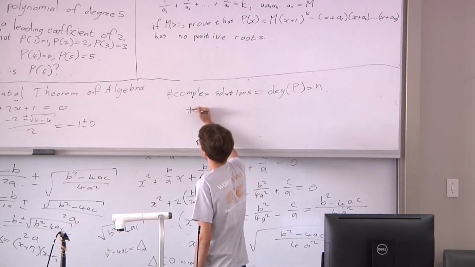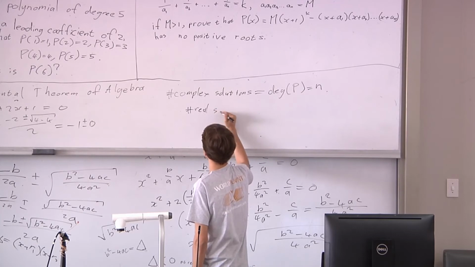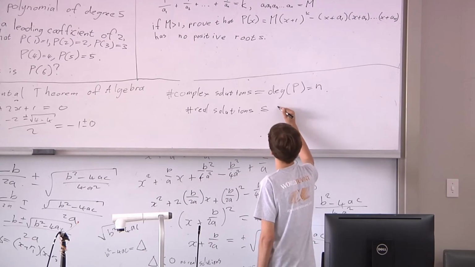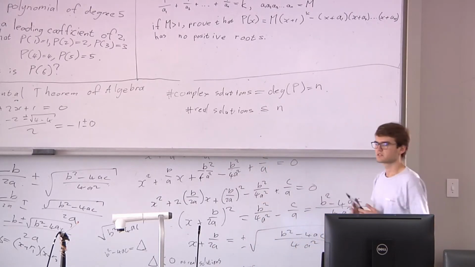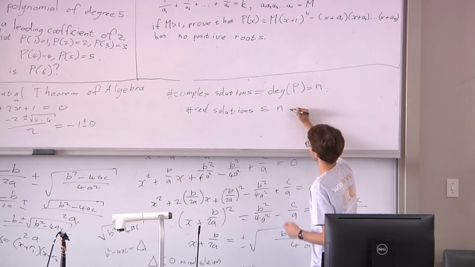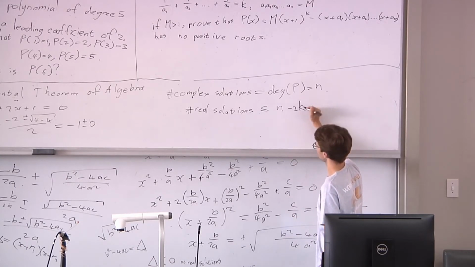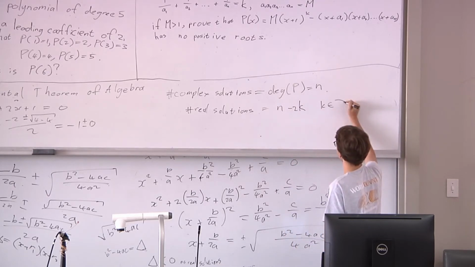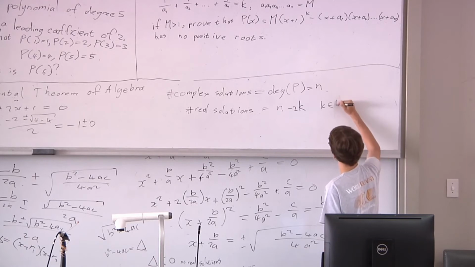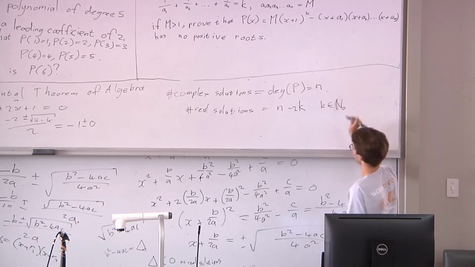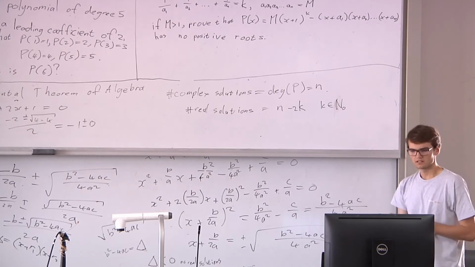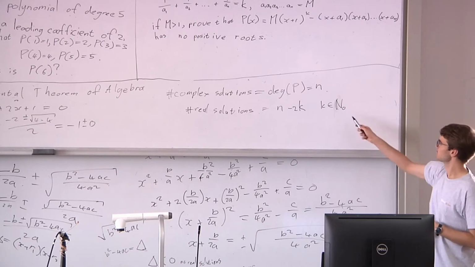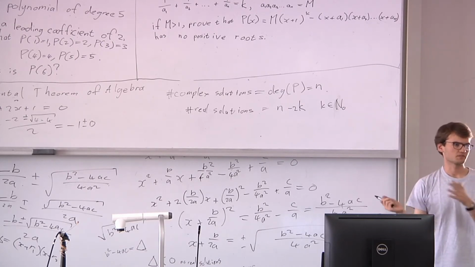The number of real solutions is less than or equal to n. And specifically, it's n minus 2 times k, where k is some natural number, or counting number rather. That's some counting number: 0, 1, 2, 3.